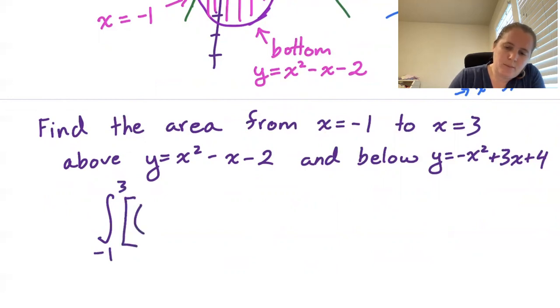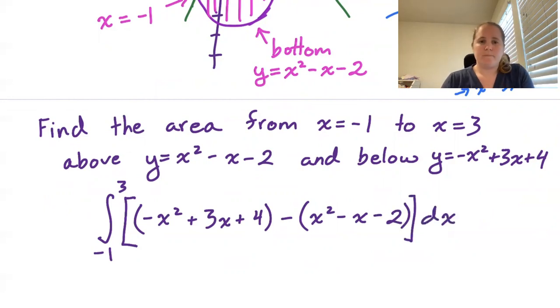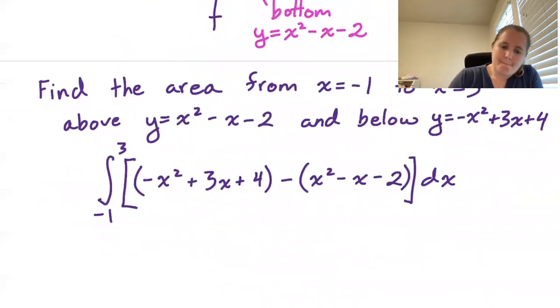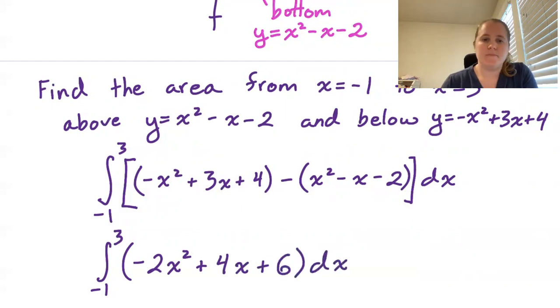We do our top, -x squared plus 3x plus 4, minus the bottom, x squared minus x minus 2, dx. So this becomes the definite integral from -1 to 3 of -2x squared plus 4x plus 6 dx.